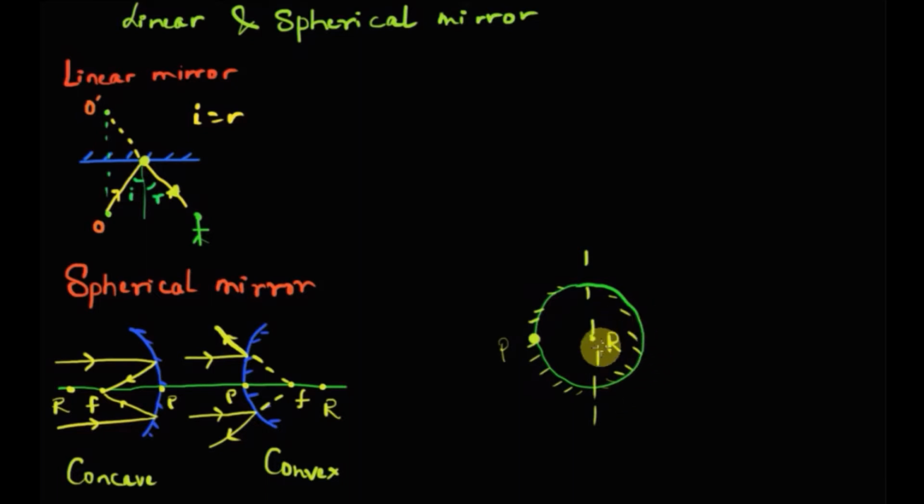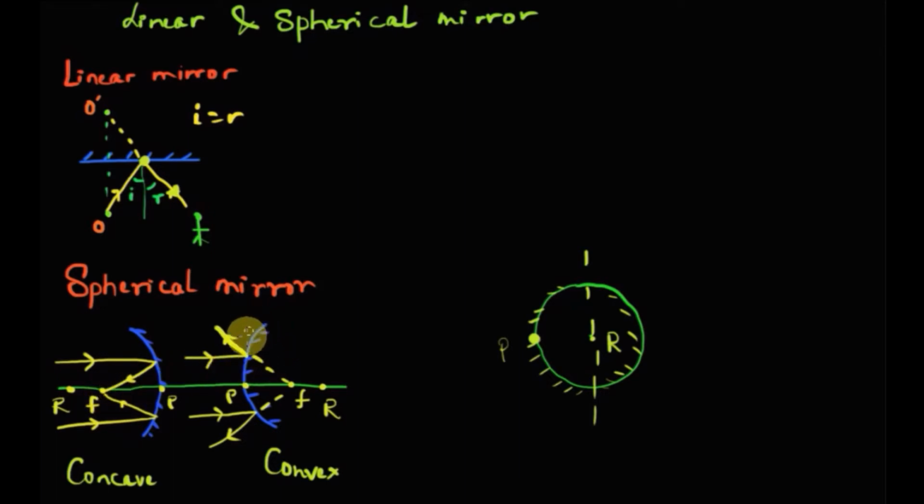The center of the mirror is denoted by R. The midpoint of the mirror is denoted by point P, which is called the pole of the mirror. The line joining point R with point P is called the principal axis of the mirror. Now let's say we have one concave mirror and one convex mirror. Let's say we have a parallel beam of light which hits the concave mirror very close to the principal axis. After hitting the concave mirror, the reflected beam crosses the principal axis at a point denoted by F. This point F is called the focus of the mirror.